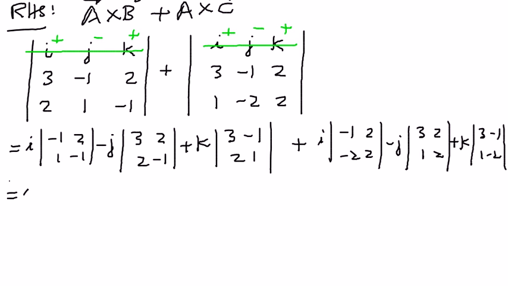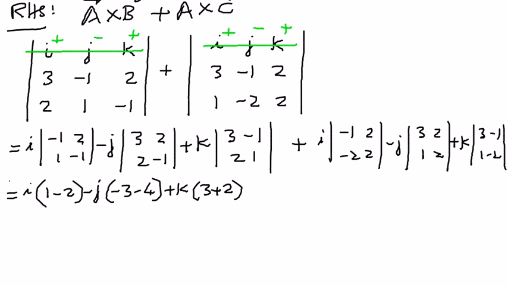This is going to be I times, this is negative 1 times negative 1 is positive 1, minus 1 times 2 is 2, minus J times 3 times negative 1 is negative 3, and then minus 2 times 2 is 4. Okay, then plus K times 3 times 1 is 3, 2 times negative 1 is negative 2, that will be positive 2.